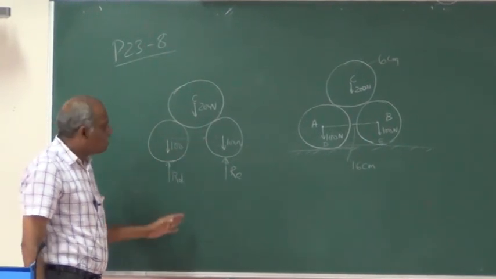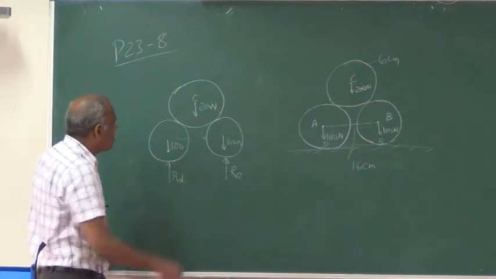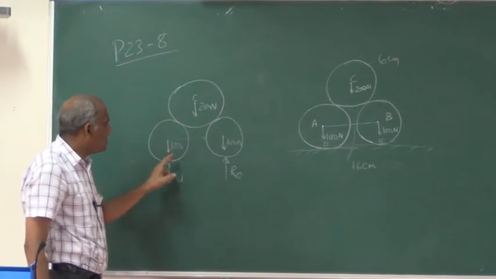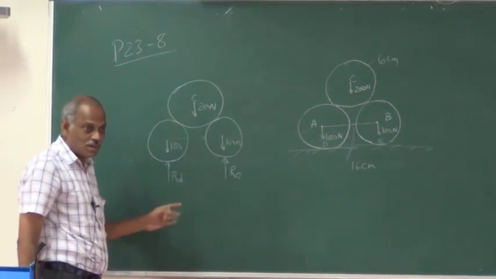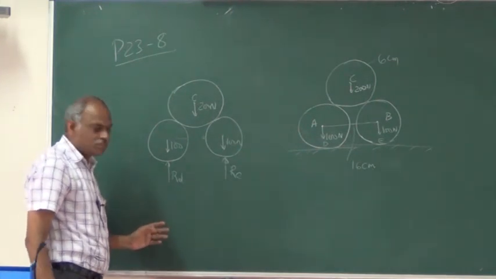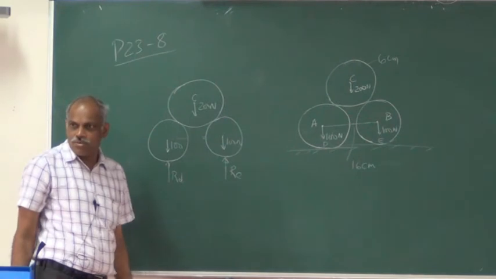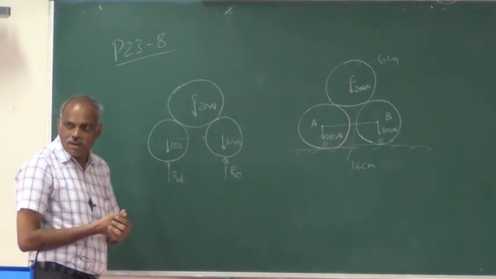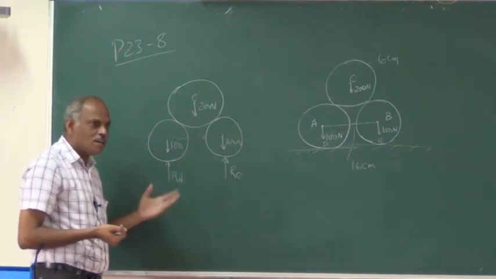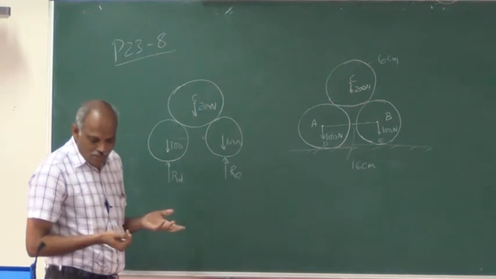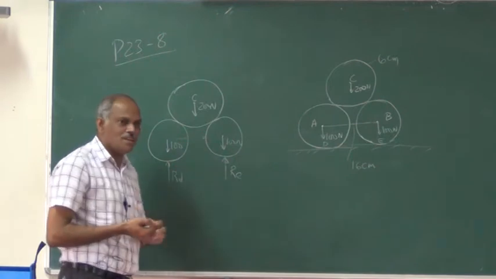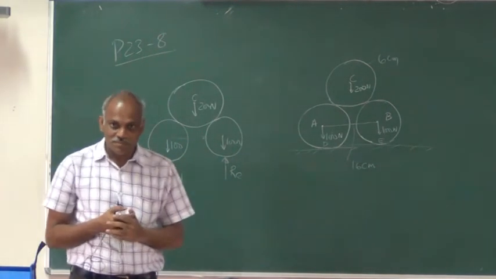If you draw the force polygon for this, all the vertical forces are downward, so you have 200 plus 100 plus 100, that is totally 400, and given the symmetry of the system, if these two forces have to be the same in magnitude, we can straight away say that this is going to be 200 each. But the question of finding the tension in the string cannot be solved this way.